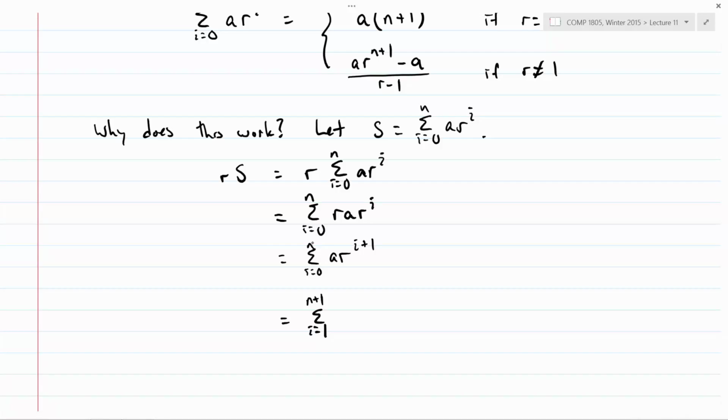Well, to answer this, think to yourself, what did this sum go through before? So at the very first term was I equals 0, and this exponent was 1. Yep? What are we raising to the I plus 1? R or A times R? It's just R. Okay. Yeah. Yep.